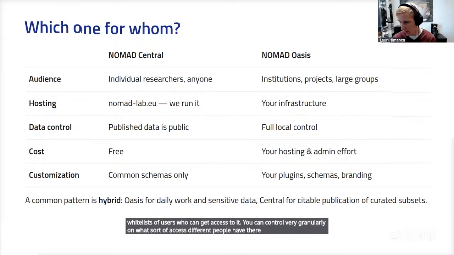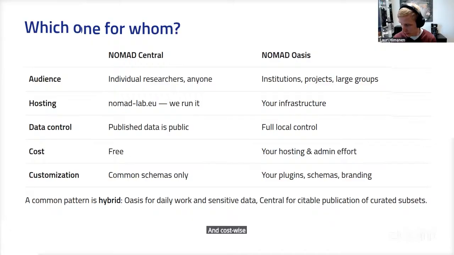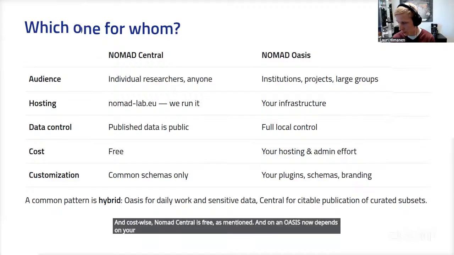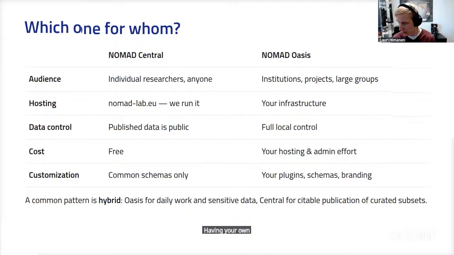And cost-wise, NOMAD Central is free, as mentioned. And on an Oasis, it depends on your hosting solutions and admin efforts, but this is basically something that's on you if you are having your own deployment.